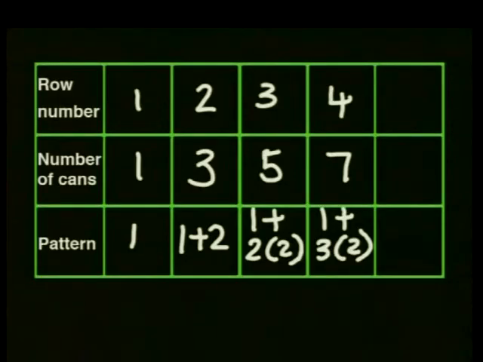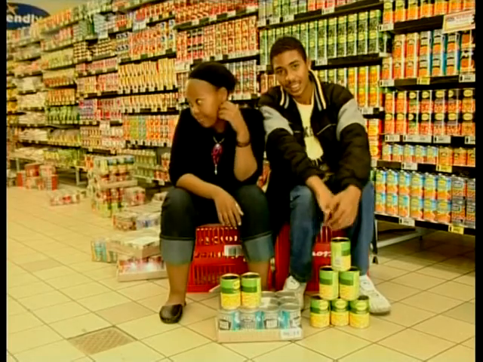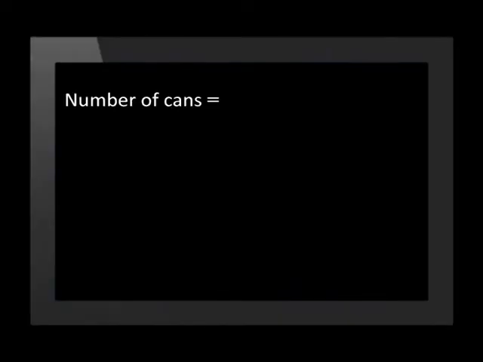Now think about this. I want to use this pattern for any row number. If I call the row number x, can you find the number of cans in that row? Well, using the pattern, the number of cans will be 1 plus 2 times what?